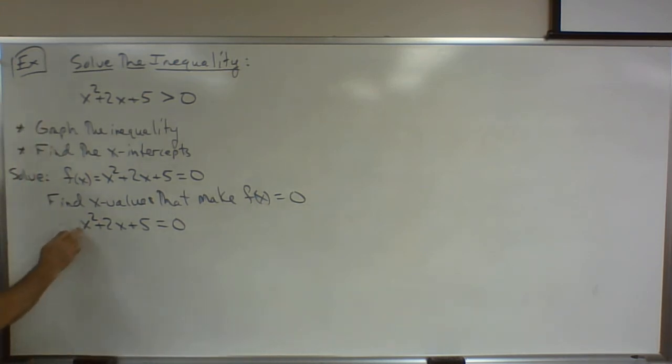The coefficient of x squared is 1, so a equals 1. b equals 2. c equals 5. Cool.